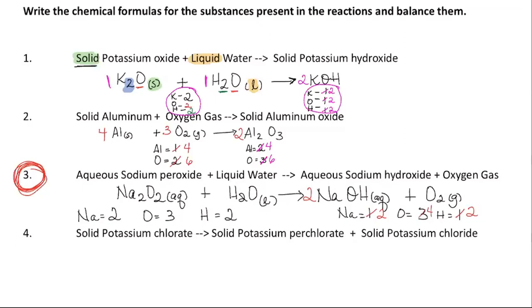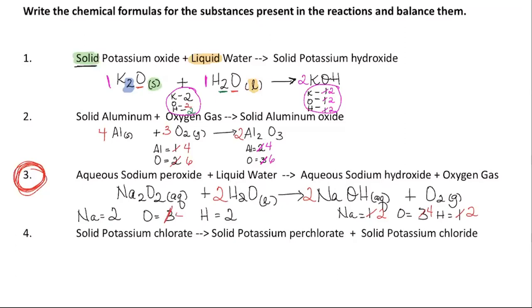So now you may be tempted to say, okay, since my oxygens went up, I can basically increase my oxygens to 4 on the reactant. How do I do that? Well, if I put a 2 in front of the water, then that means that I have 2 oxygens in the water, because it's 2 times the 1 in the subscript, and then I have 2 oxygens in the sodium peroxide.